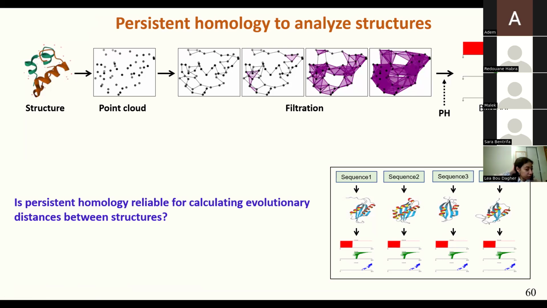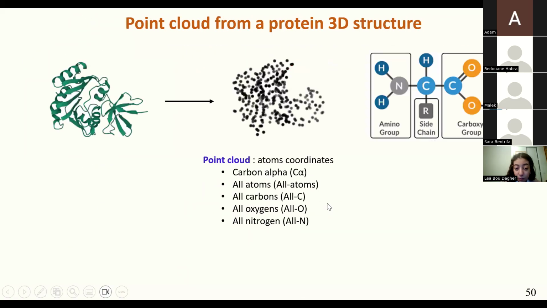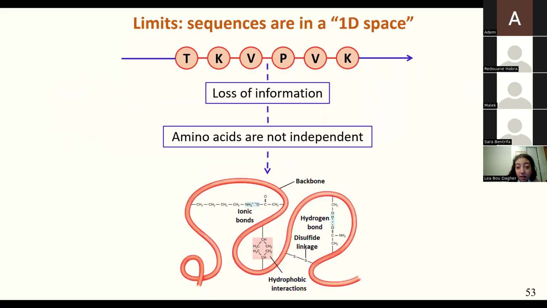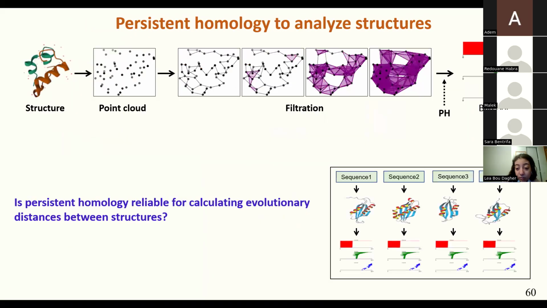My main question was whether persistent homology is reliable for computing the evolutionary distance between structures. Like I told you before, the evolutionary distance is computed as the difference between two sequences, literally counting the number of differences between two protein sequences. I want to know if this distance is somehow correlated to the distance we compute from structures.